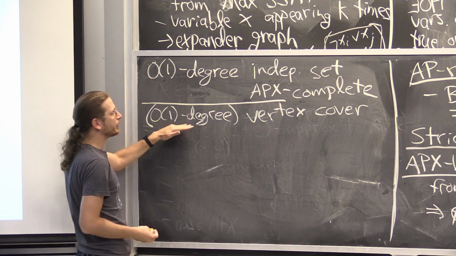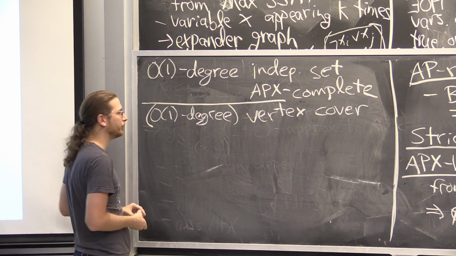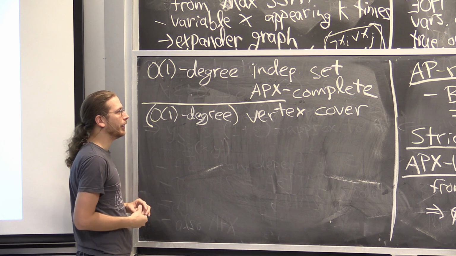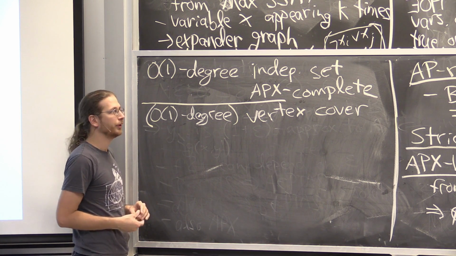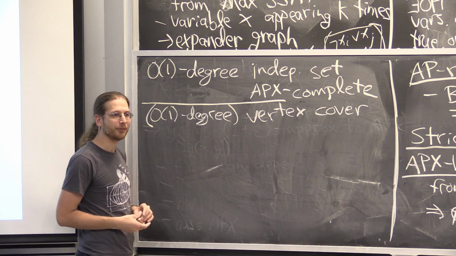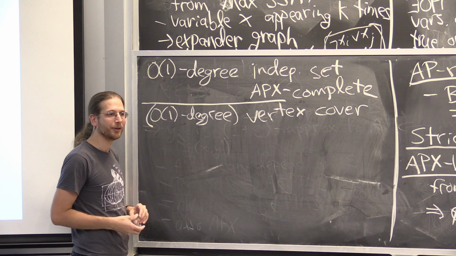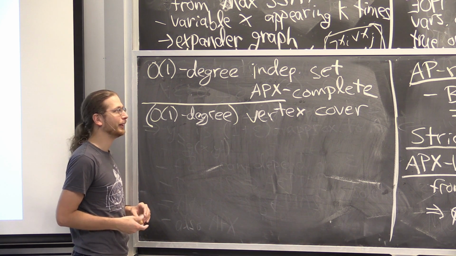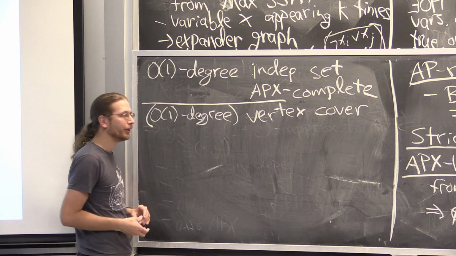And it's kind of identical to independent set in a funny way, which is for any graph, if you look at a vertex cover, its complement is an independent set. If you look at any independent set, its complement is a vertex cover.